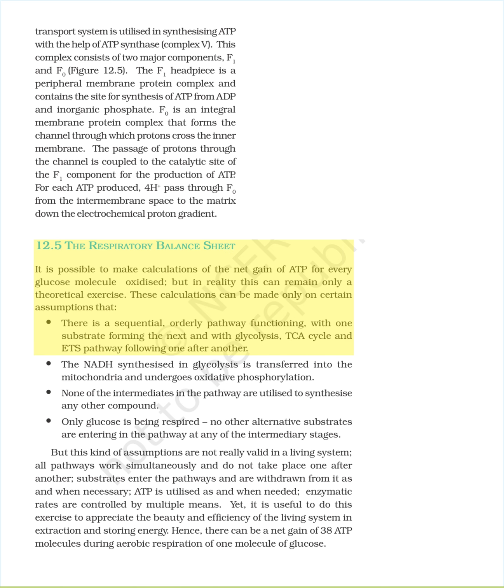Respiratory balance sheet. It is possible to make calculations of the net gain of ATP for every glucose molecule oxidized, but in reality this can remain only a theoretical exercise.